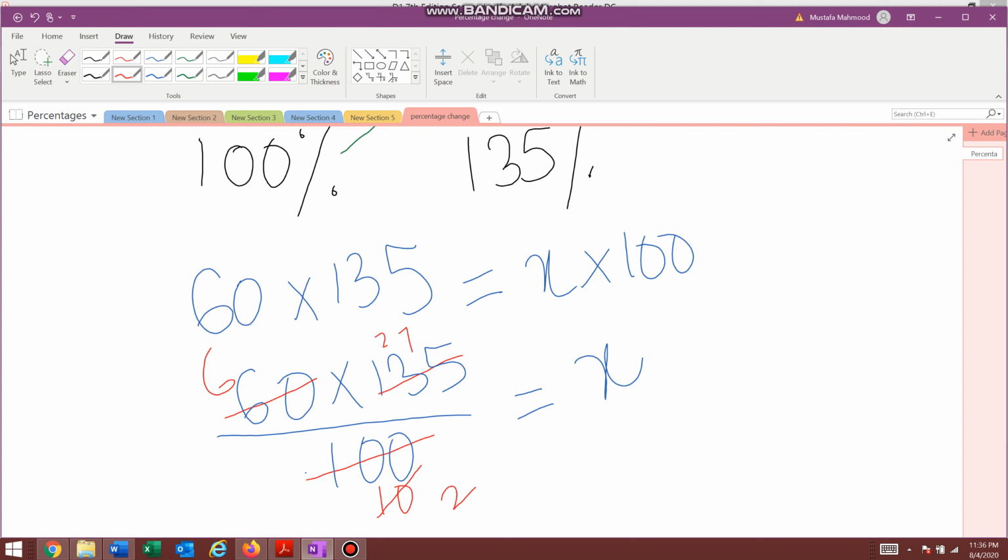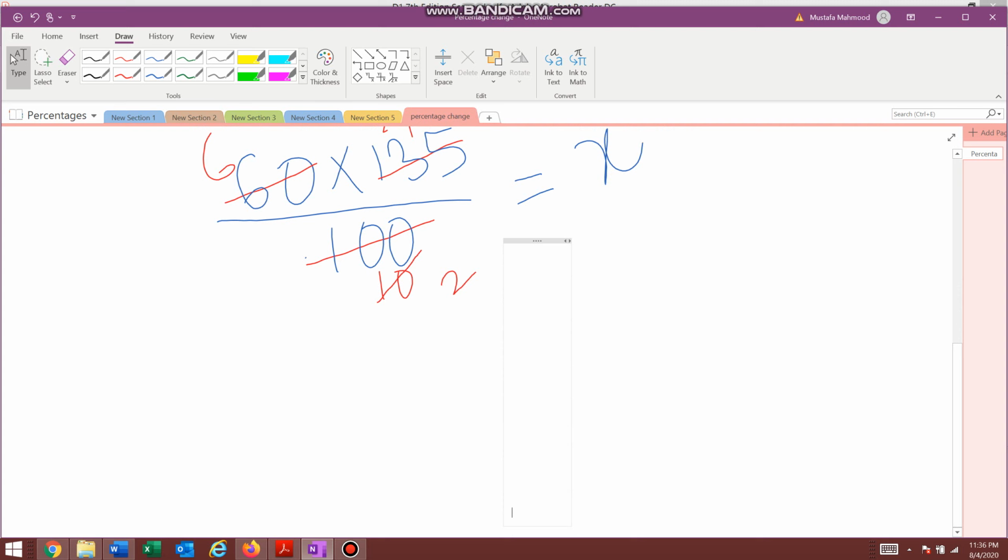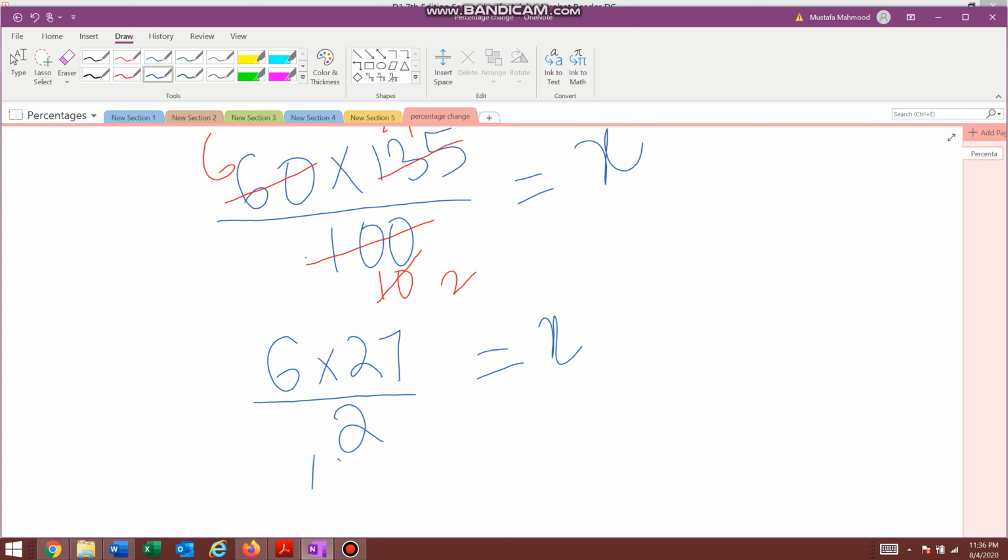ठीक है, so we're left with 6 times 27 divided by 2. ठीक है, now we'll do the multiplication and the division. As we do, you can all do your rough work here. 6 times 27 gives you 162 divided by 2.